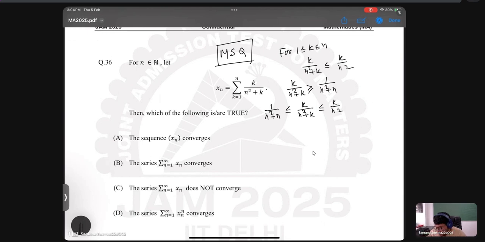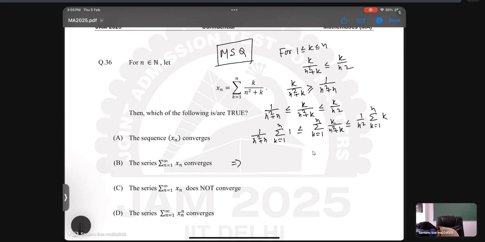Now since we need the sequence x_n, we have to take summation on all sides. By taking summation, we get 1 by n square plus n, summation k equals 1 to n of 1, less than or equal to summation k equals 1 to n of k divided by n square plus k, which is less than or equal to 1 by n square summation k equals 1 to n of k.